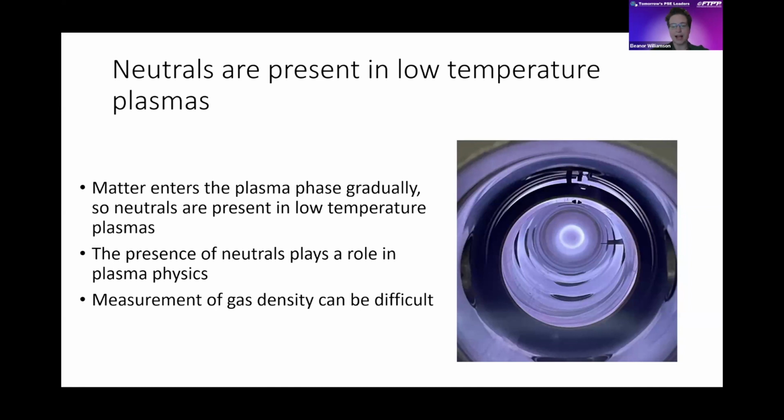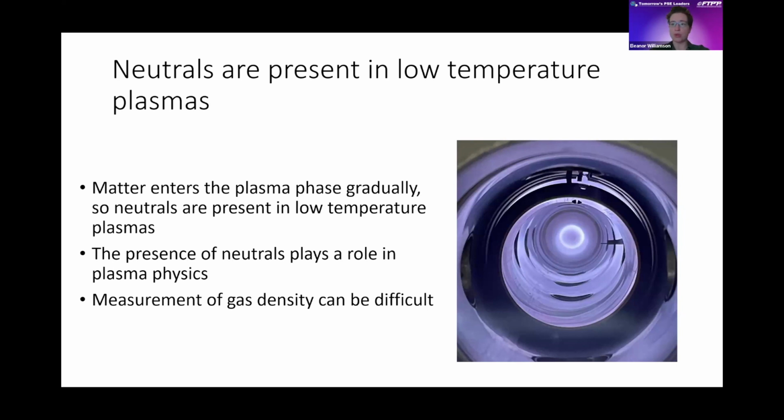As it turns out, plasma physics, because the plasma is positively and negatively charged, has its own set of interesting dynamics that's controlled by electricity and magnetism and fluid dynamics. But when you put neutrals in there, some things change a little bit. And if we're going to study what changes a little bit, we need to be able to measure the neutrals. However, this can be difficult for a variety of reasons. And so the purpose of my diagnostic is to measure that neutral density.